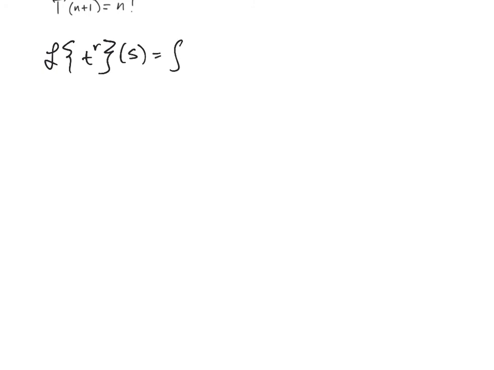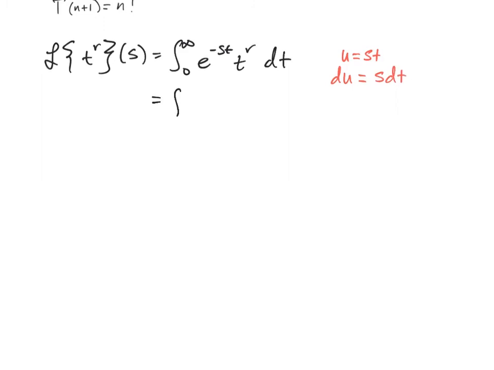Okay, so let's write out the definition: the integral of e to the negative st, t to the r dt. So now I'm going to do a u substitution. I'm going to let u equal st, and then, remember we're doing integrals with respect to t, so du is going to be s dt.